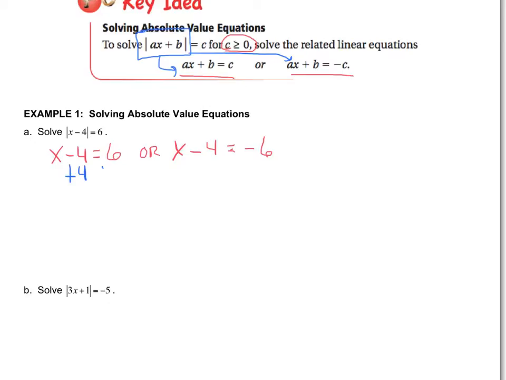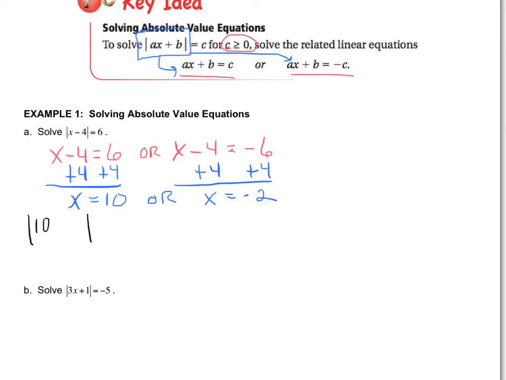We use our inverse operations to move the 4 to the right-hand side, so x equals 10. I use my inverse operations to add 4 to both sides: x equals negative 2. So here are our two answers that we think will work. How do I know that they'll work? Well, I do my check. If I plug in 10 for the x, subtract 4, and take the absolute value of 6, it is 6.